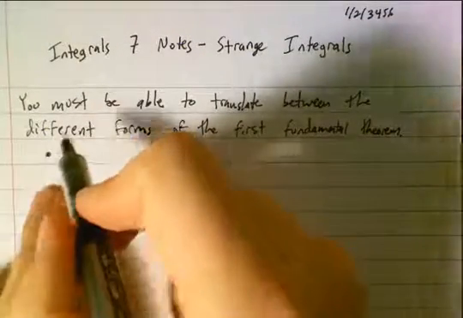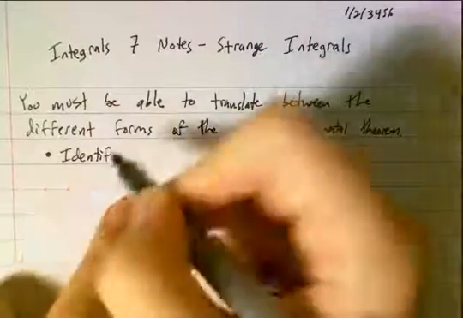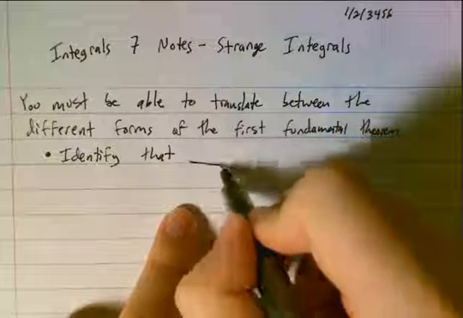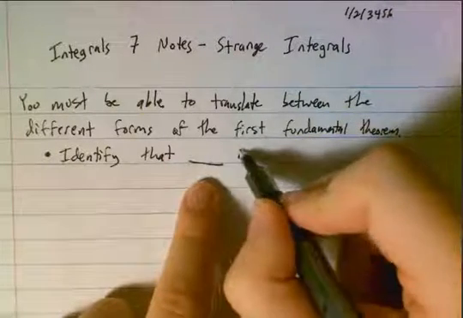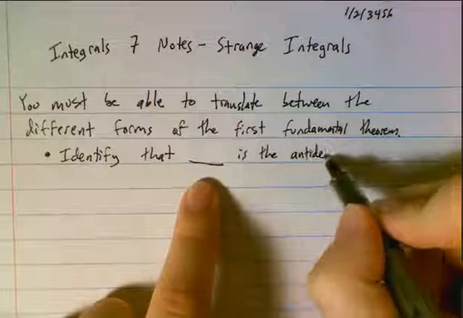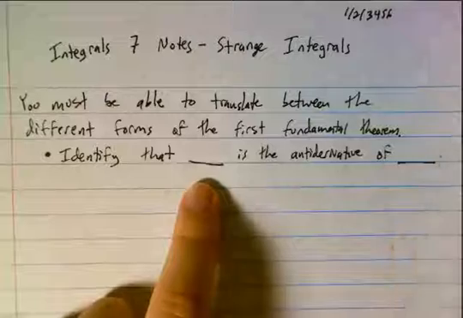First, you have to be able to identify that one function, it can be a number of different ways that it can be written, that it's the antiderivative of another function.